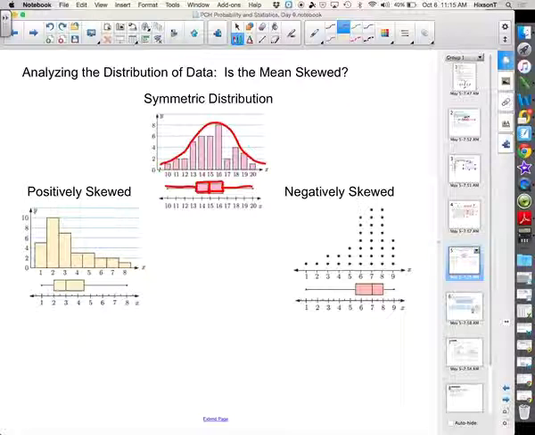Okay? What we have over here with positively skewed data is there are a number of these high scores, but most of our data is down here in the 1, 2, and 3 range. But because we have some scores with higher values, that's going to skew our mean, okay?